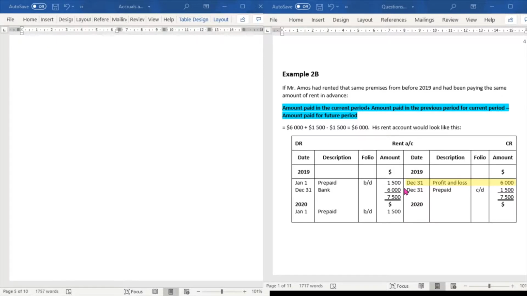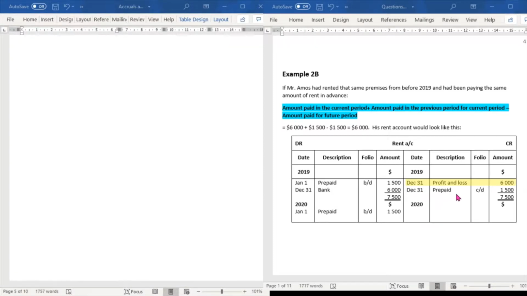So that is a credit entry in his rent account. And by balancing the rent account, you'll see the amount that will be transferred to the profit and loss account. It will take $6,000 on the credit side to balance this rent account. Okay, so that is the amount that will be transferred to the profit and loss account.